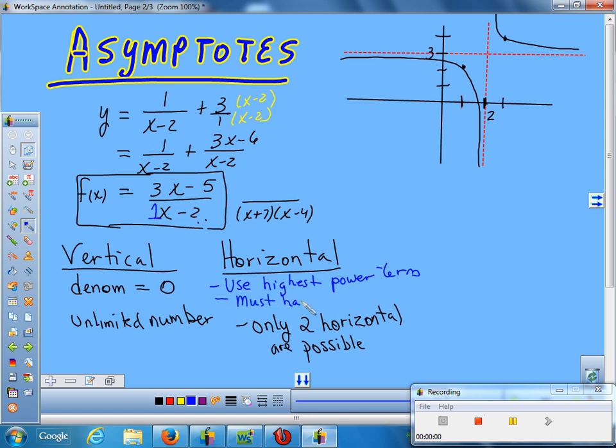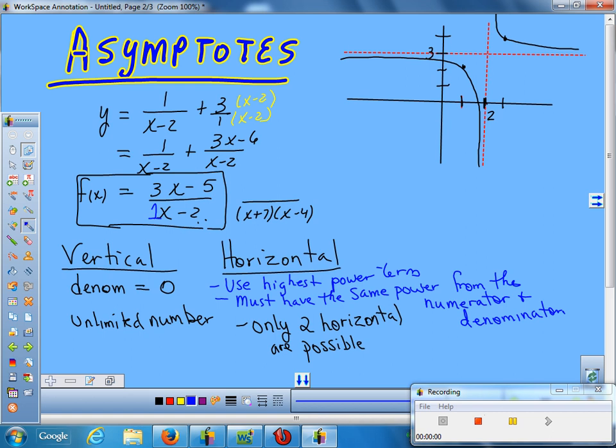You must have the same power from the numerator and the denominator. And it's going to take a few examples for you to process that one.